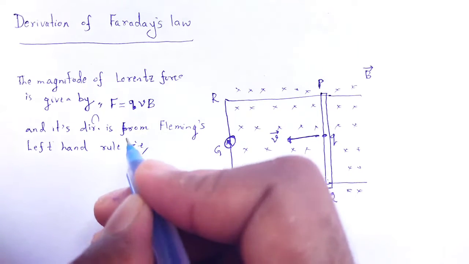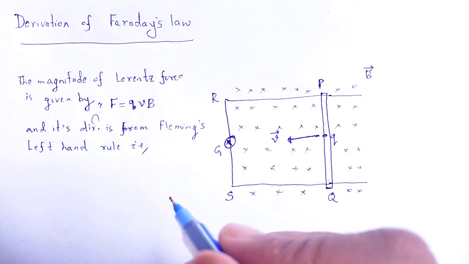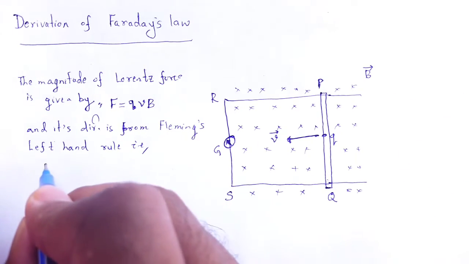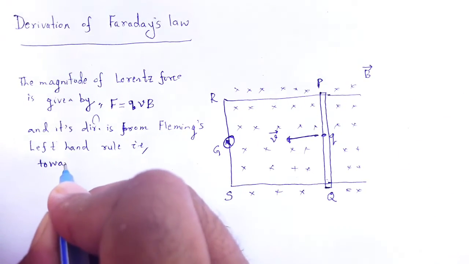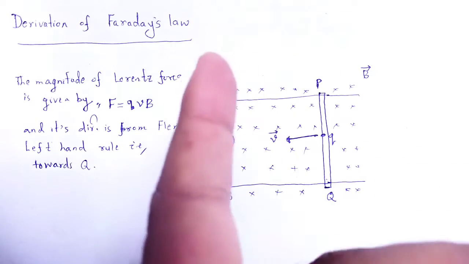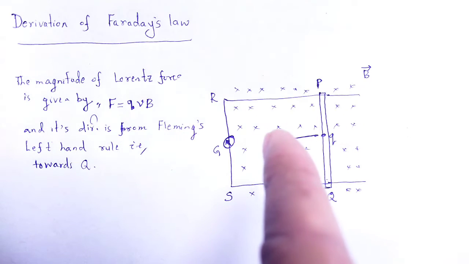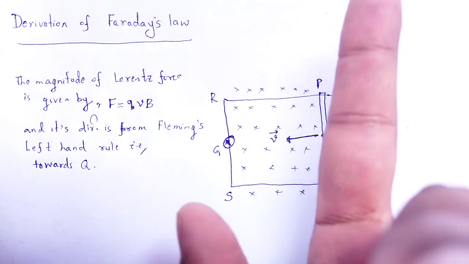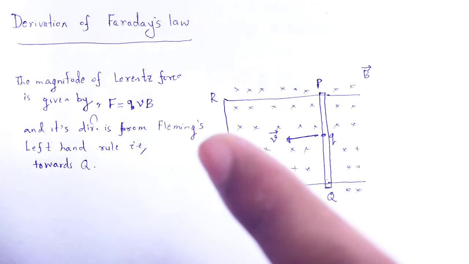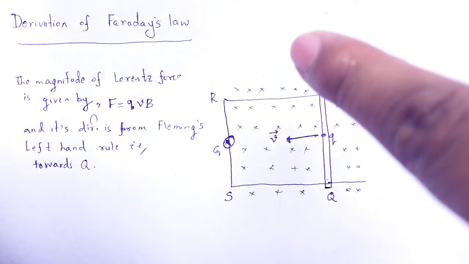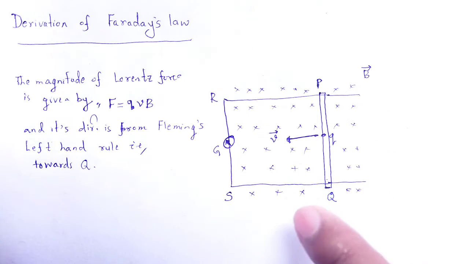That is towards Q, towards Q. Look here, this is the direction of magnetic field. That will be the direction of velocity. So, the force is in the direction of Q, towards Q.